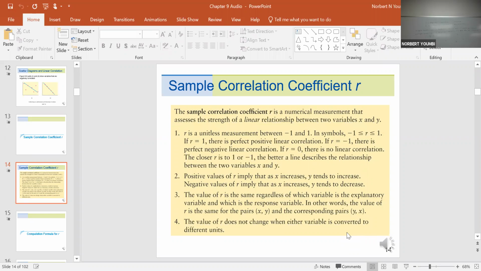If r is equal to 0, there is no linear correlation between x and y. If r is negative, there is a negative correlation.